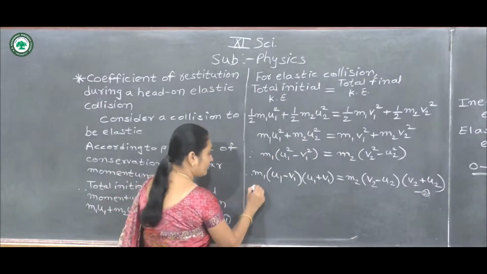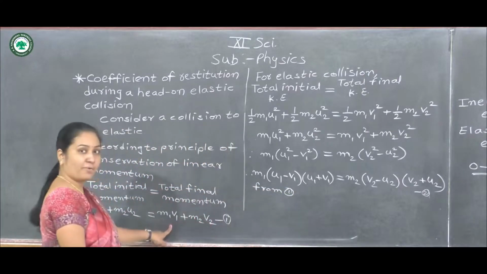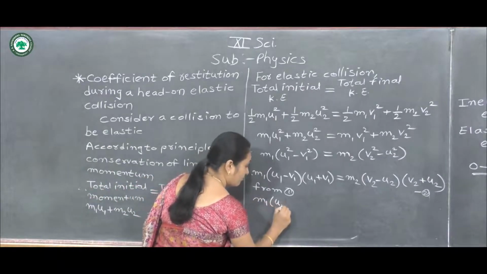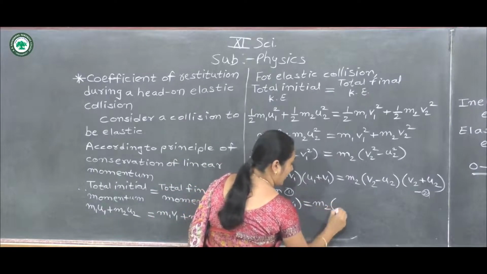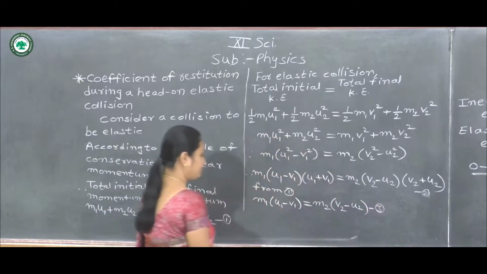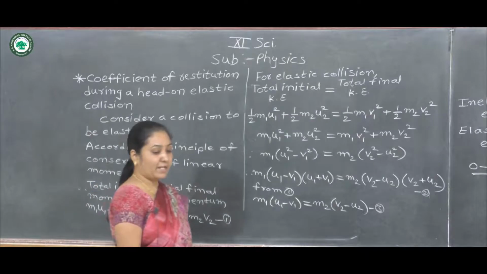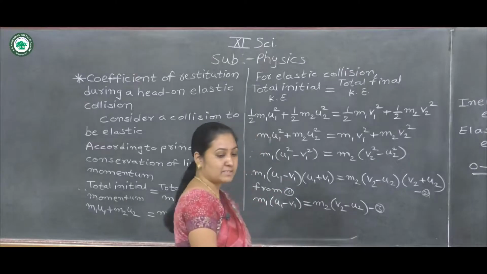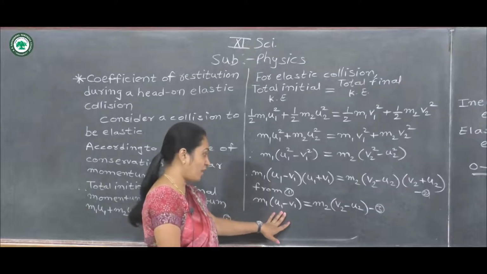Now from 1 what we can write here? Here also by taking m1 and m2 common we have m1 in bracket u1 minus v1 equal to m2 in bracket v2 minus u2. Now by dividing these two equations, we will divide this equation by this equation, that is 2 by 3.